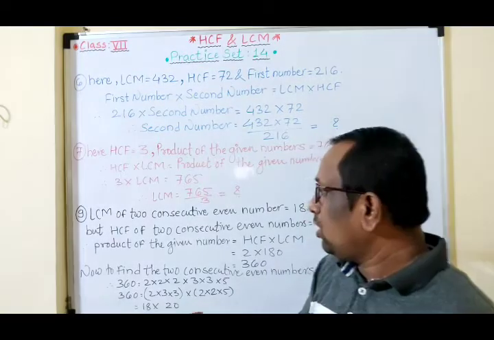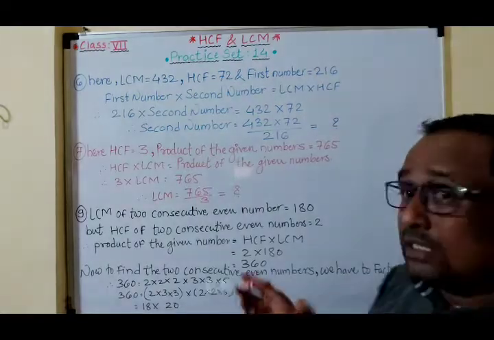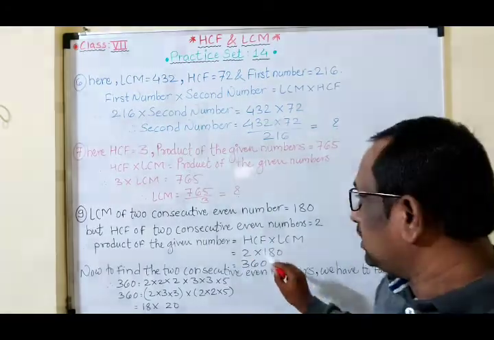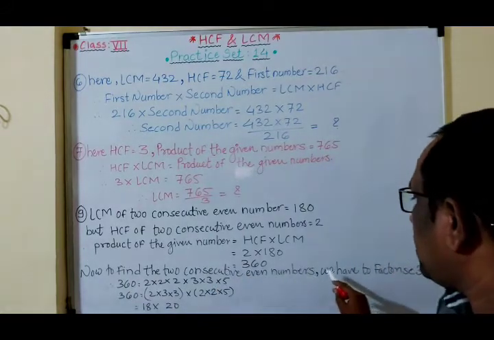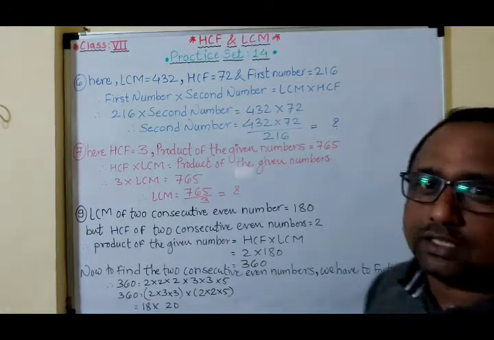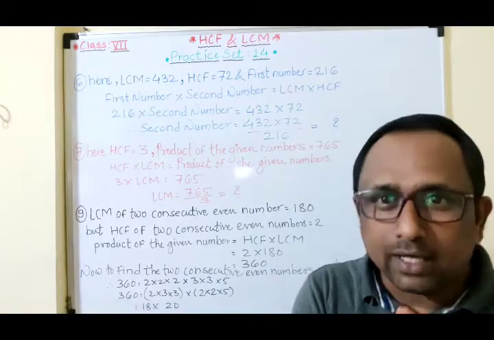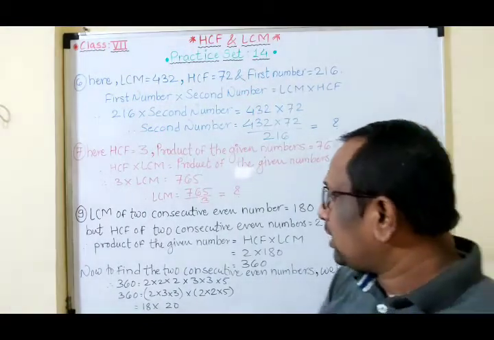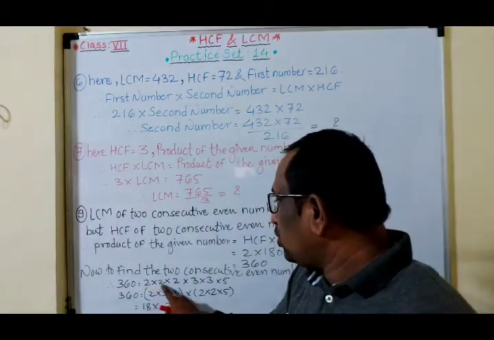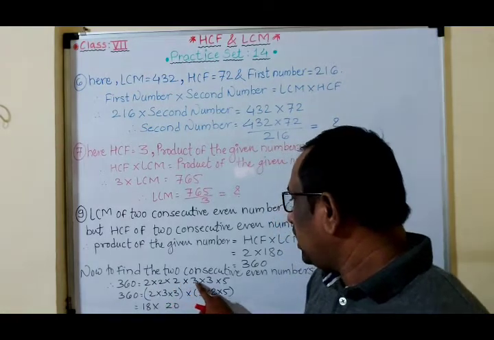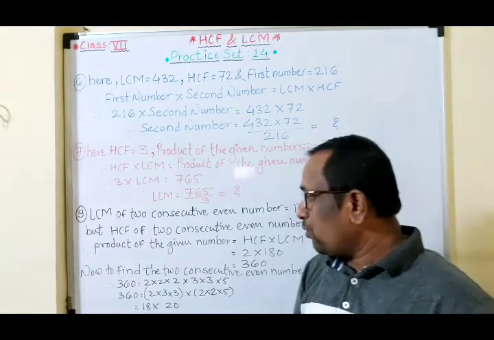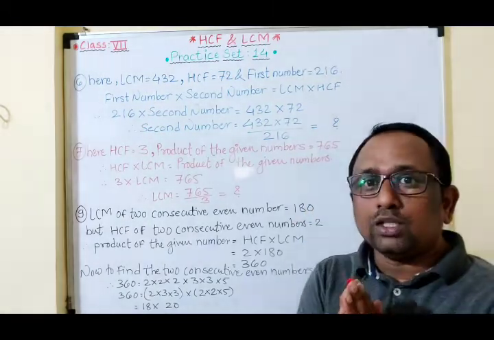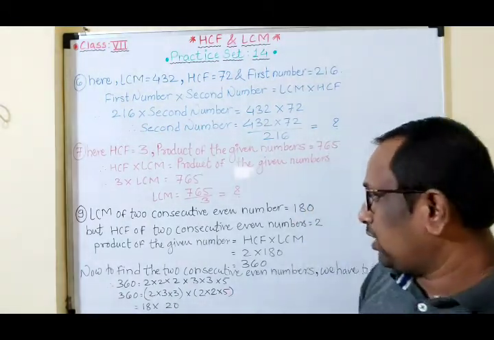Now we have to find the consecutive even numbers with the help of this 360. To do that, we have to factorize 360. The factors of 360 are 2 into 2 into 2 into 3 into 3 into 5. Now we have to find the two consecutive numbers with the help of these factors.